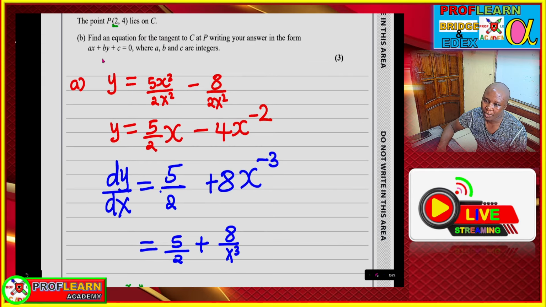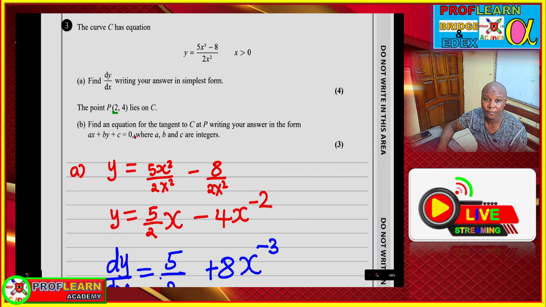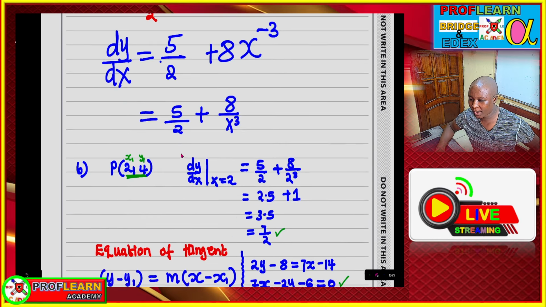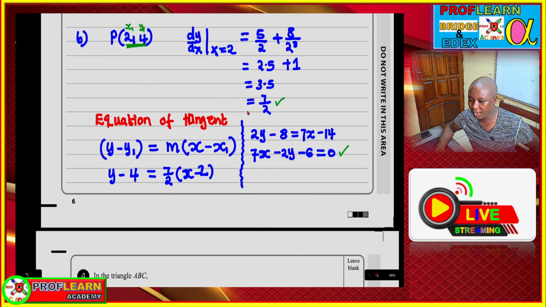Now, another concept that you need to also prepare for this exam is finding the equation of the normal to the curve. In that case, with the tangent, we used the gradient that we had here to find it.